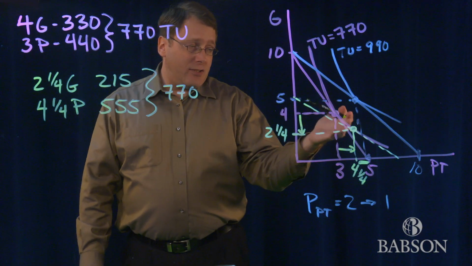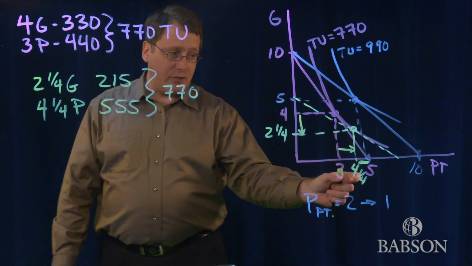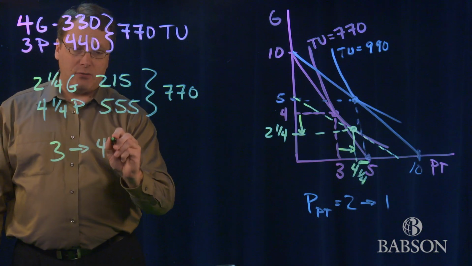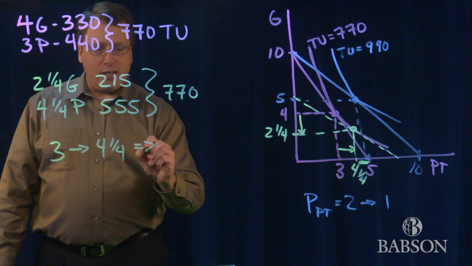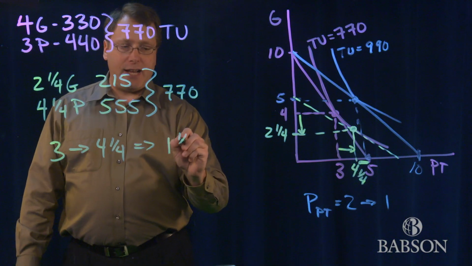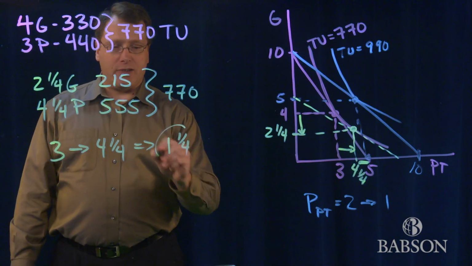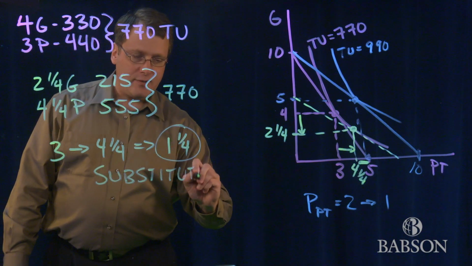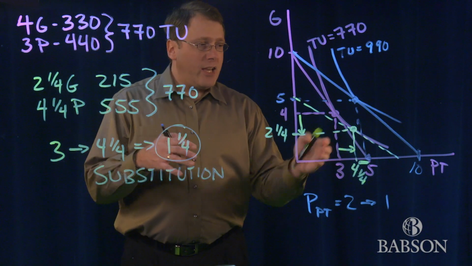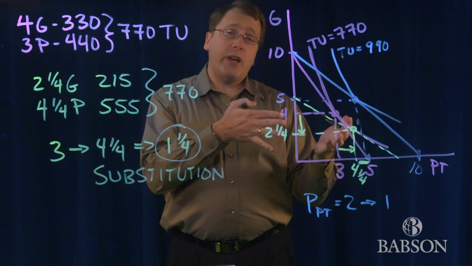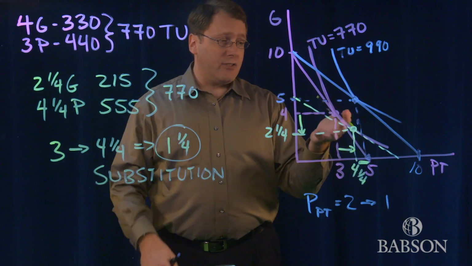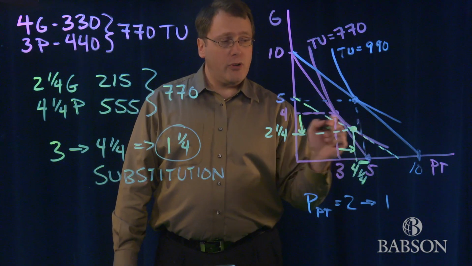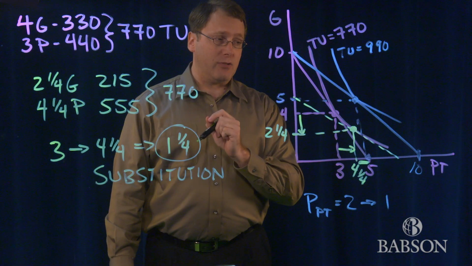And looking at the substitution effect this way, going from 3 to 4 1/4, the substitution effect is that extra 1 1/4 units of Pop-Tarts. So this is that substitution effect. And looking at it this way, this is one way to approach the problem, and this is often called the Hicksian decomposition because it holds total utility constant at that original level.